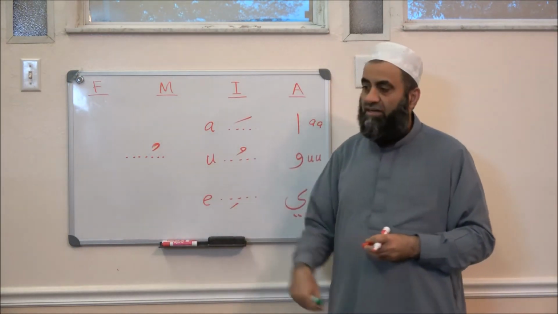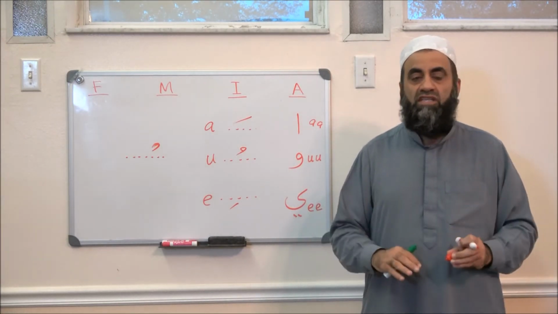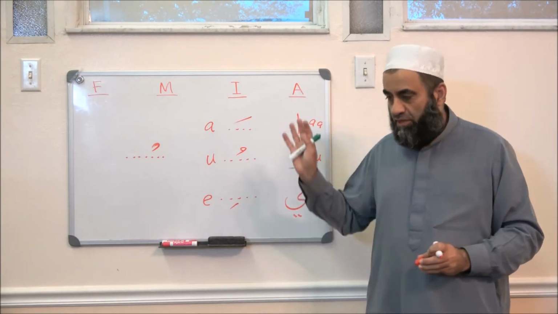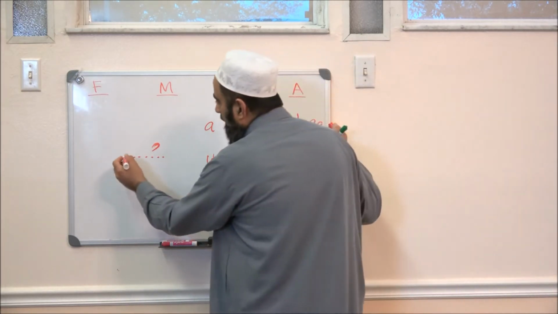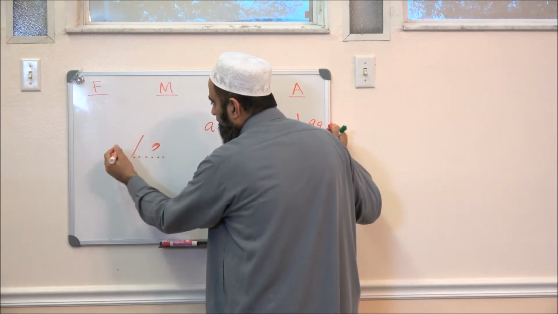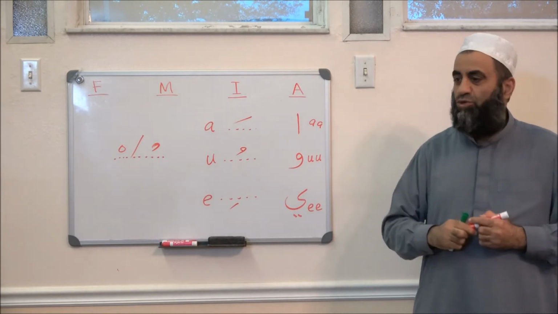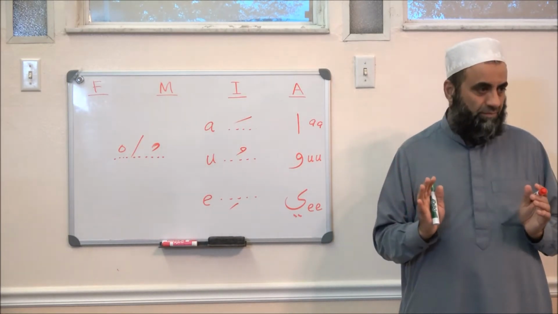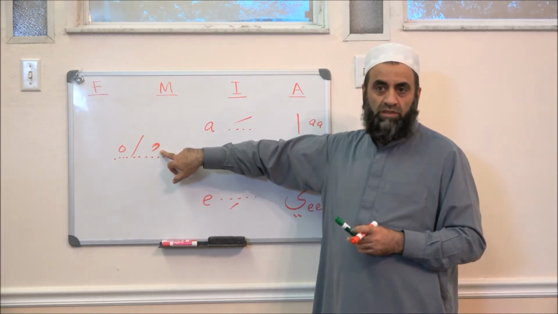The head of the ha. This is sukoon. It means the letter doesn't have a short vowel or a long vowel. In other Arabic books, just zero is used. Zero short vowel. Okay? But in the Quran, this is the sukoon that is used.